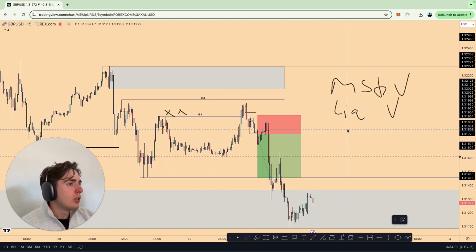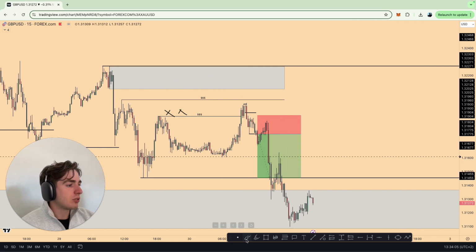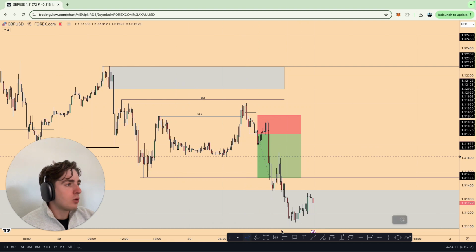Then third of all, what are we looking for? We are looking for that potential dump after confirmation that there is actually liquidity where we expected it to be. So that confirmation comes in the form of a change of character, because the change of character and the change in that structure confirms for me that there is actually supply there.